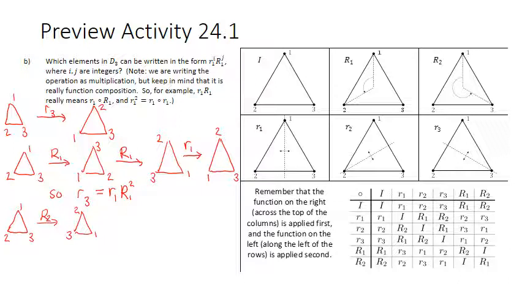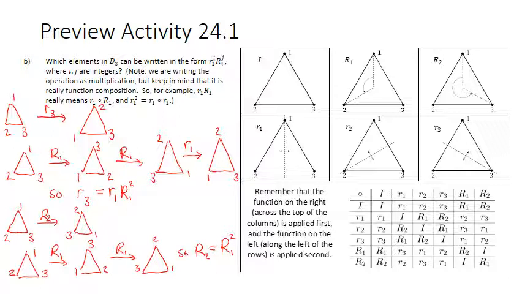And that is the same as if we start here with 1, 2, 3, do big R1 once, and then do big R1 again. Okay, so big R2 equals R1 squared.